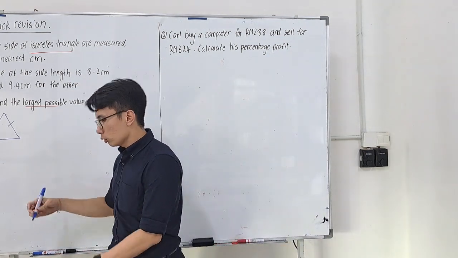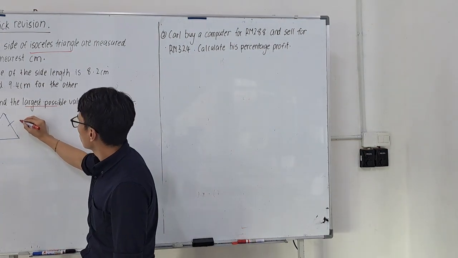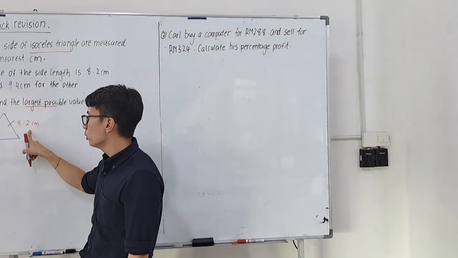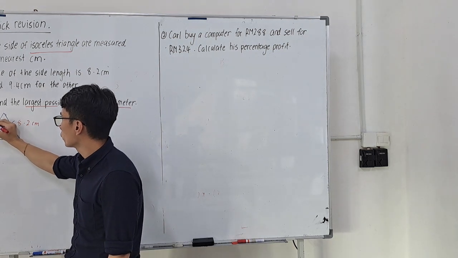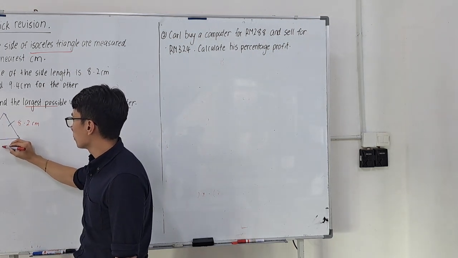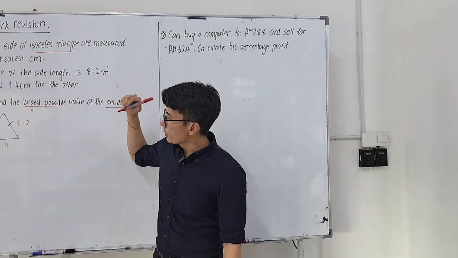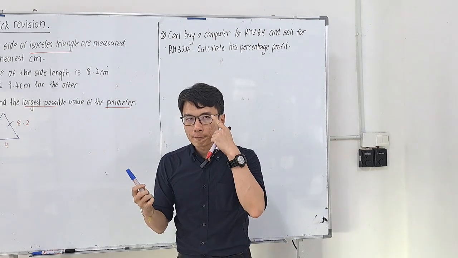Let's just say it's 8.2 cm over here, and if this is 8.2, this will be 8.2 as well, and over here it's 9.4. But is this the only possible isosceles triangle we can get?